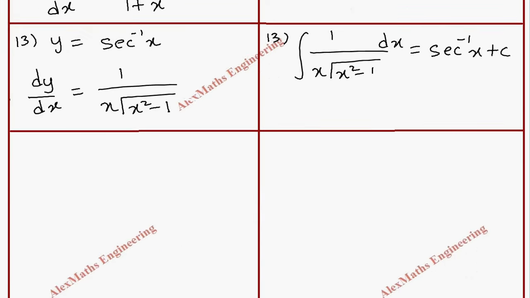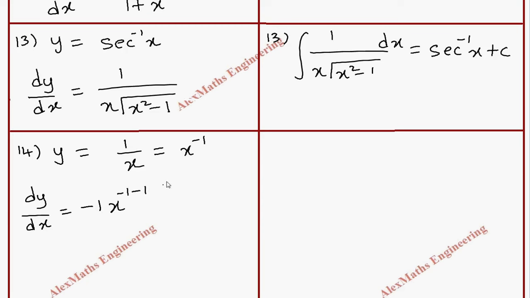Now next one, suppose we have y equal to 1 by x, and if you want dy by dx, this 1 by x is nothing but x power minus 1. Now using the first formula n x power n minus 1, here we are taking n as minus 1, and this is nothing but minus x power minus 2.